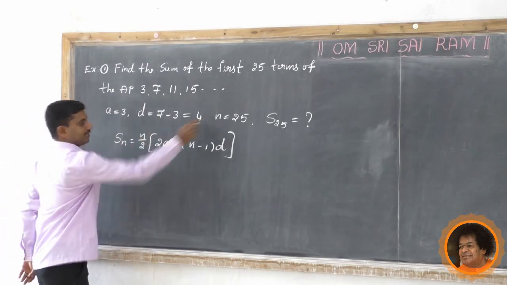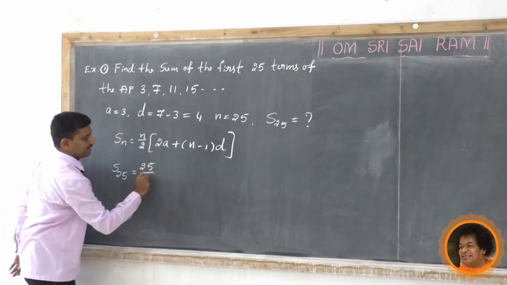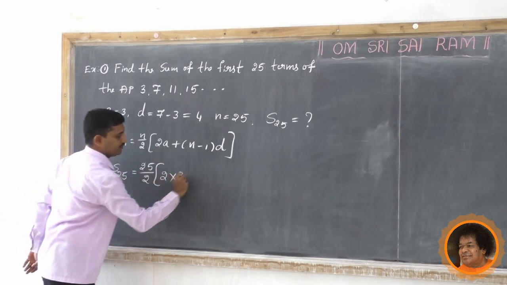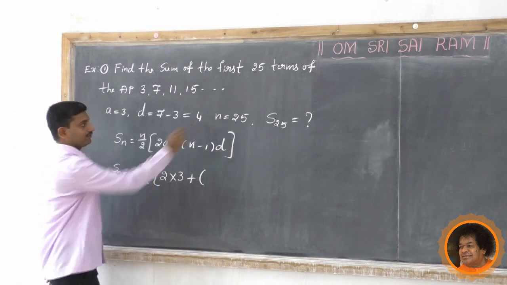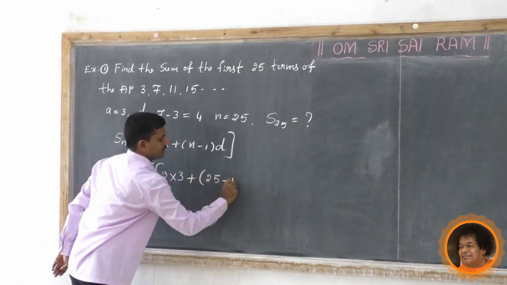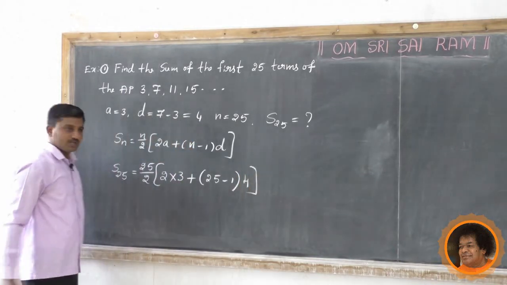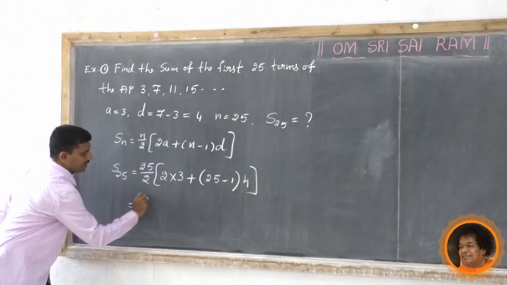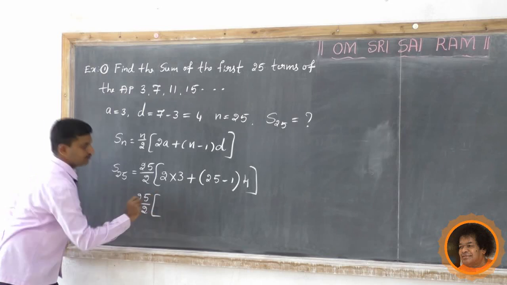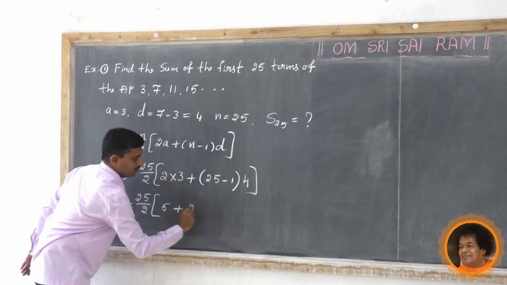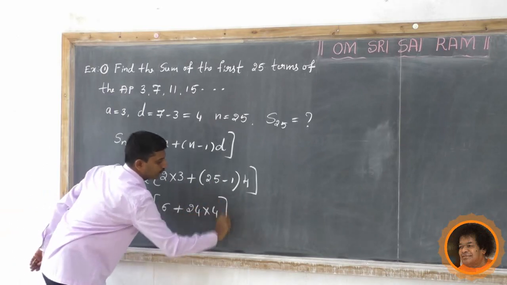So n is given as 25. S25 equals 25 divided by 2 into 2a, that is 2 into the first term, which is 3, plus n minus 1, that is 25 minus 1, into d, the common difference, which is 4. Now simplify: 25 by 2 into 2 into 3, that is 6, plus 24 into 4.